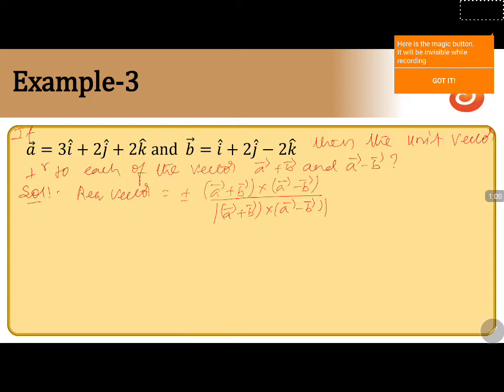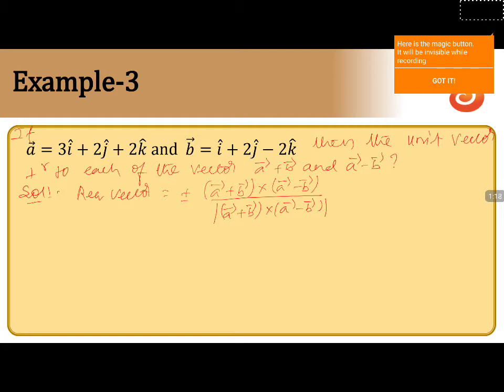So this is called the required vector. Of course, the required vector may be in the same direction as A plus B and A minus B, or it might be in the opposite direction. If it is in the same direction, we should use the plus, and if it is in the opposite direction, we should use the minus.